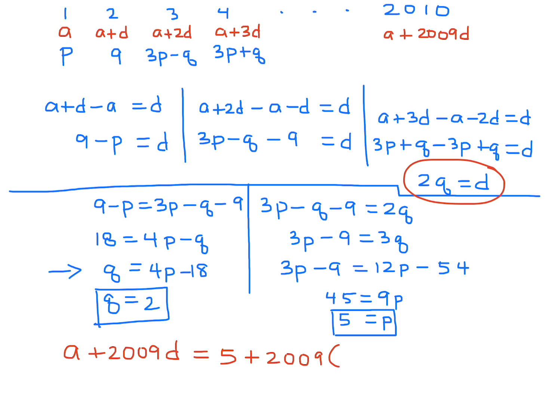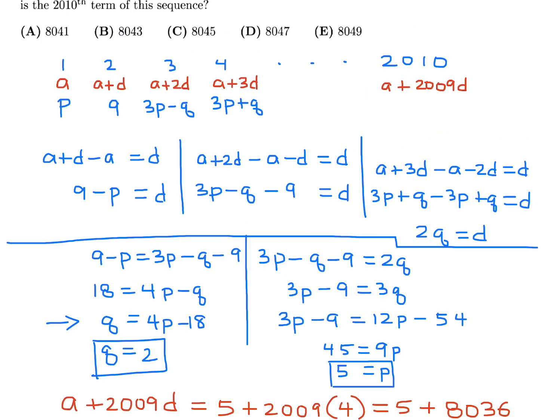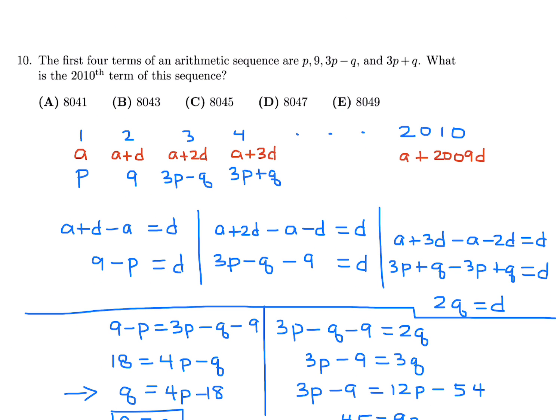I'll just use this one since it's simplest. d is equal to 2q, and q is 2. So d is 4. And there you go. So 2009 times 4 is what? 8,036. And therefore, plus 5 will be 8,041. And therefore, number 10, the answer is A.